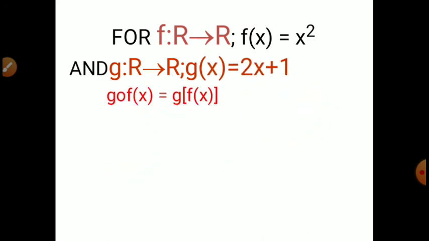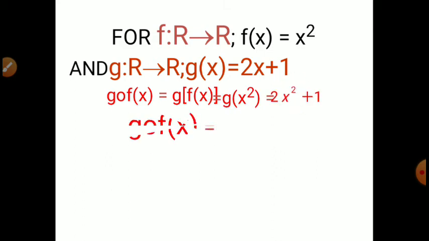For these two functions, both are not equal, because f of x is equal to x square plus 1. How do we get 2x square plus 1? You need to concentrate here, because g of x is given as 2x plus 1. g of a means 2a plus 1. g of something means 2 into something plus 1.